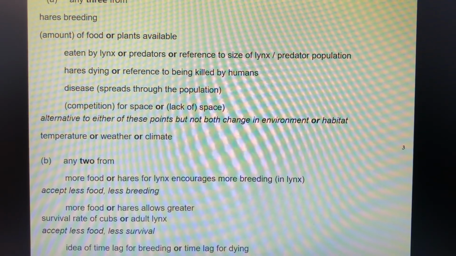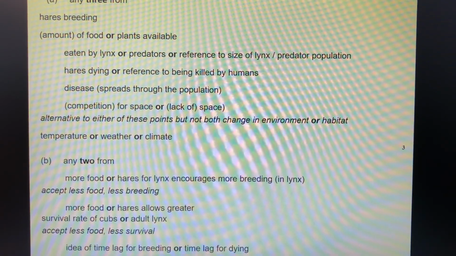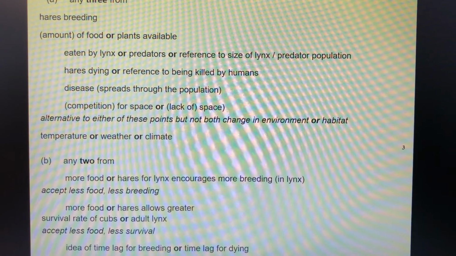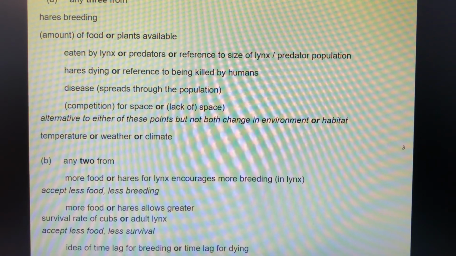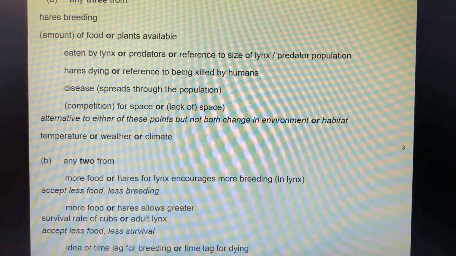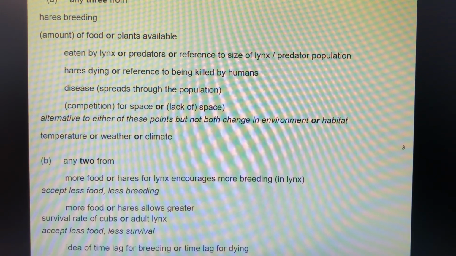And you could also write less food, less survival. So if they've got more food, their young are more likely to survive, but there is a slight delay because it takes time for breeding. If there's more food, it encourages breeding.